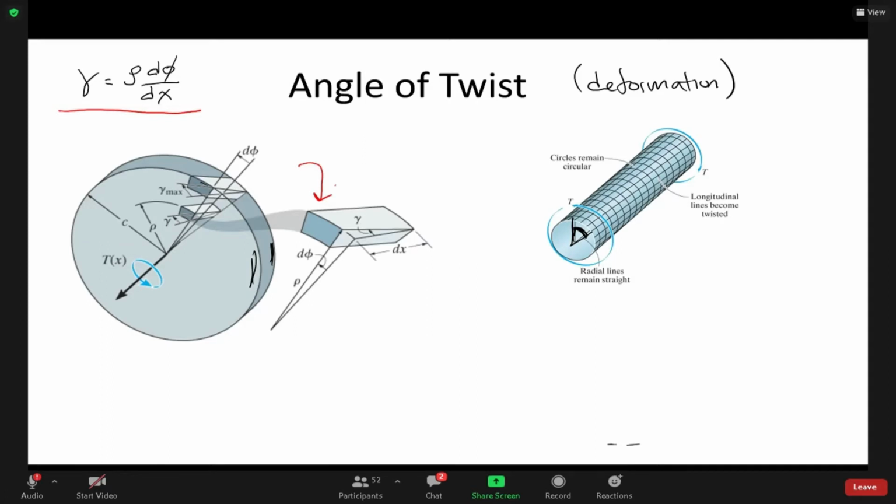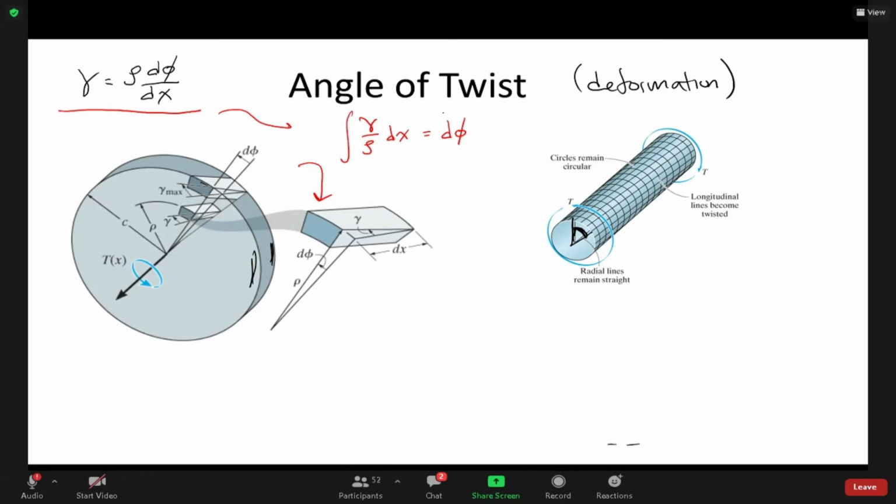If you look at that, then we can rewrite this as gamma over rho dx equals d phi.